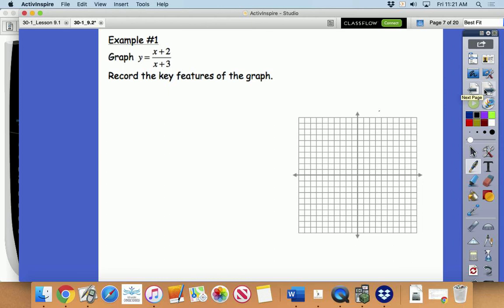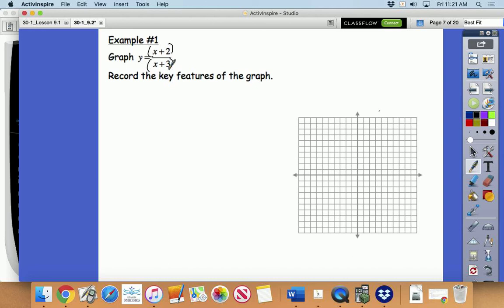So this first example, if you guys look, this one doesn't have a hole because we don't cross off any factors that are the same at the top and bottom, but there are other things that we want to look at. So remember in the last lesson, when I did division, I was able to put it into that transformation kind of form.